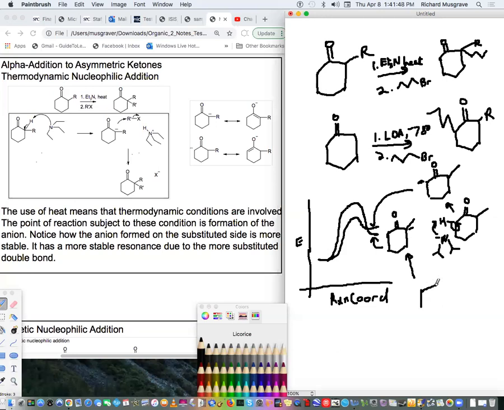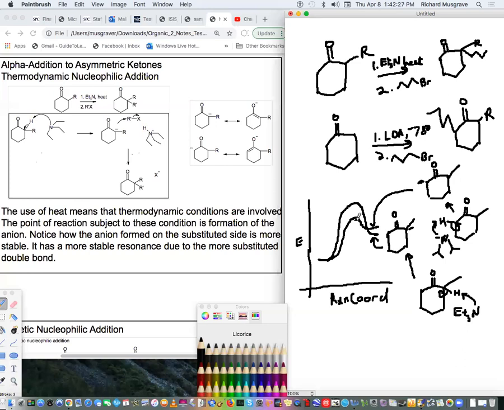Now the reason that the activation energies are different is that the hydrogen in this one, the LDA one, is more exposed than the hydrogen down here. So it needs a lower activation energy, and you can see that here to get to it. Does anybody have any questions about that?